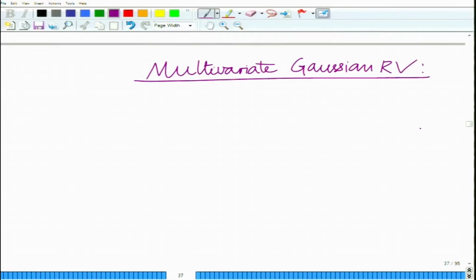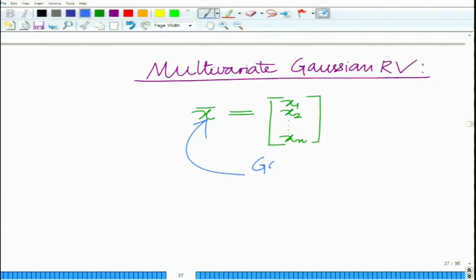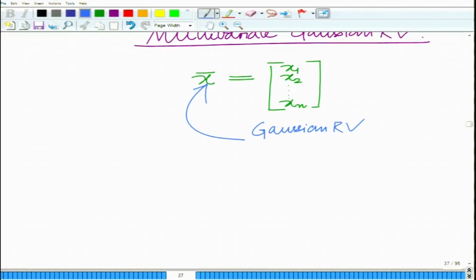A multivariate Gaussian RV is given by x bar equals x1, x2, up to xn, and this is a Gaussian random vector x bar. So, this has n components.